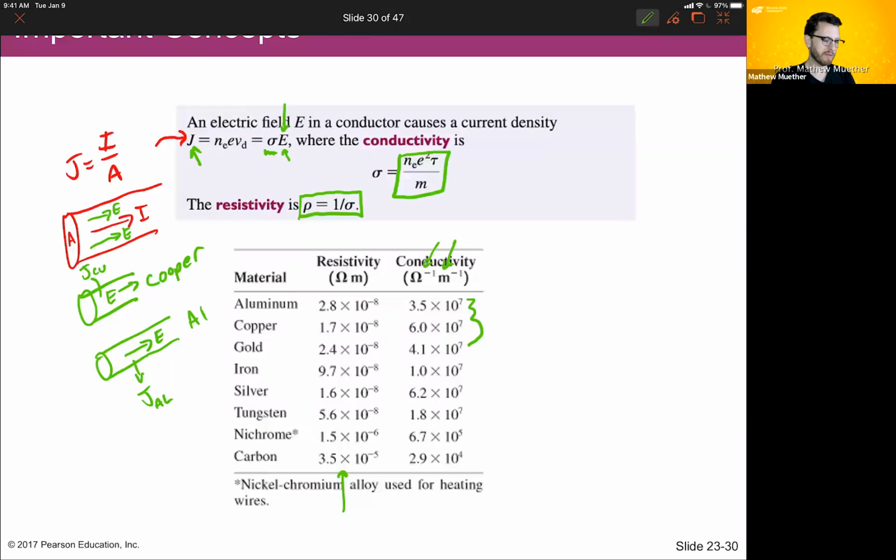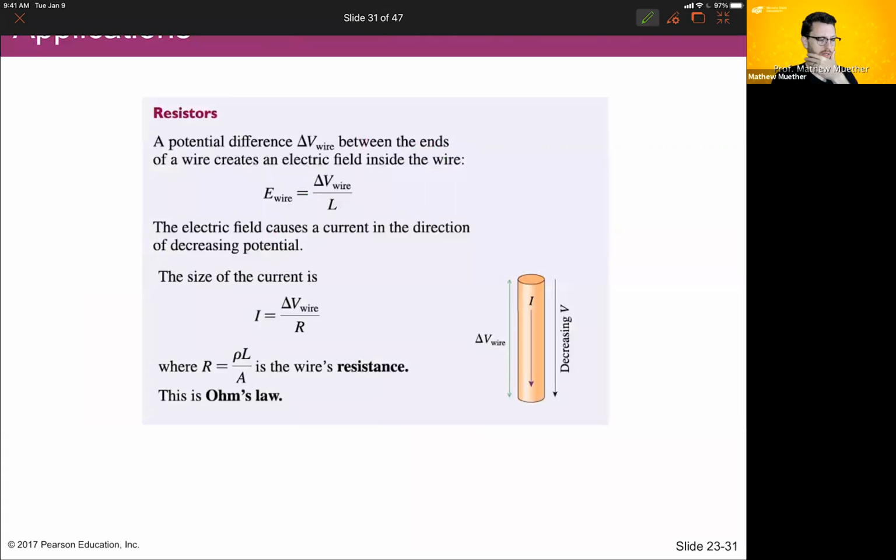Whereas if you look at something like carbon, tungsten or nichrome, things that are poor conductors but still let current flow through them, their conductivity is several thousand times lower, and so they don't push as much current through them for a given set of materials. Okay, so that's the idea behind resistivity.